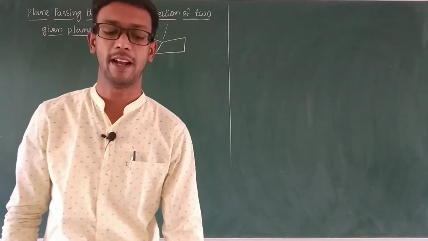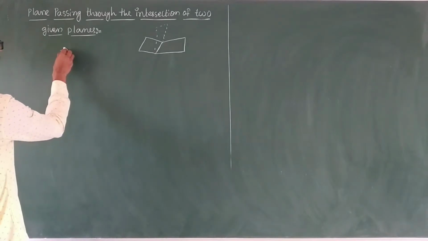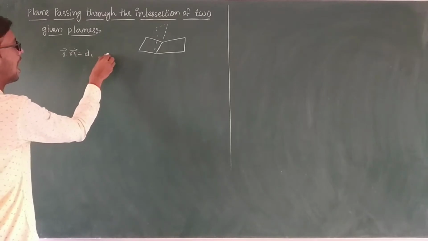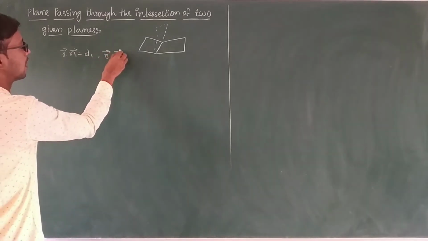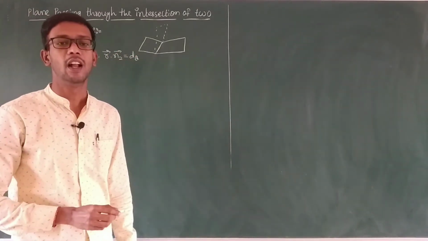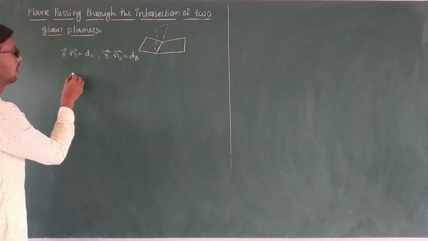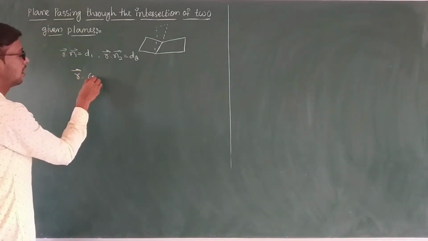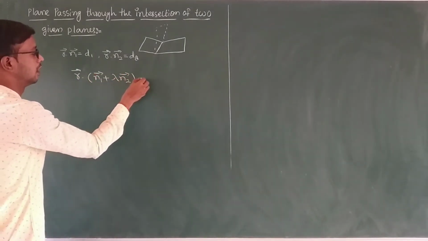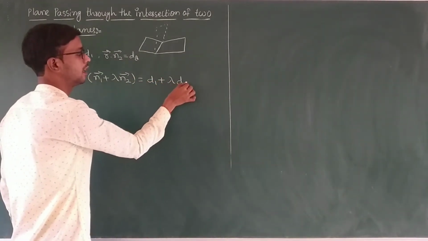If you know the two planes, then take the two planes as r bar dot n1 bar is equal to d1, and r bar dot n2 bar is equal to d2. The plane equation passing through the intersection of these two planes is r bar dot (n1 bar plus lambda n2 bar) is equal to d1 plus lambda d2.